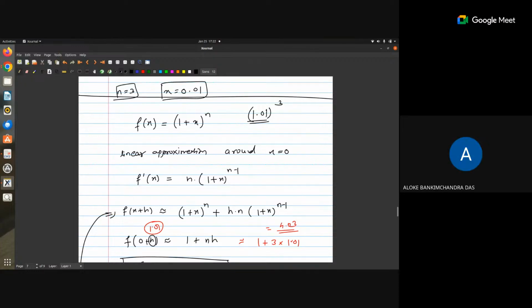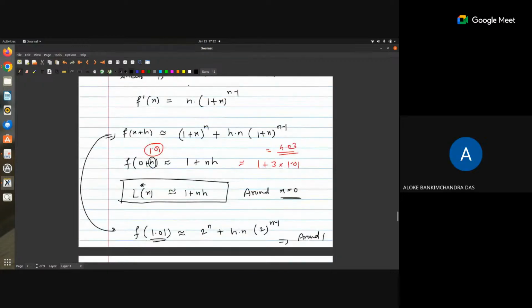So it should be 1 plus 0.03, that is 1.03. So we can use this approximation, because around x equals 0, that is 0.01. And then the answer should be 1 plus 0.03, that is 1.03. Correct.